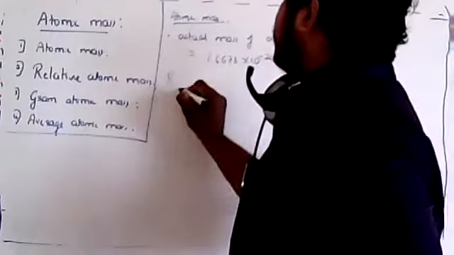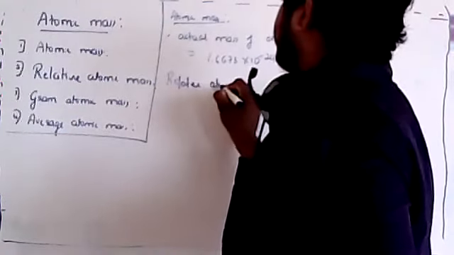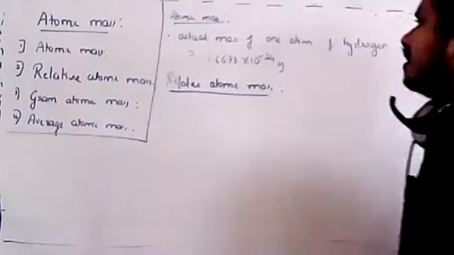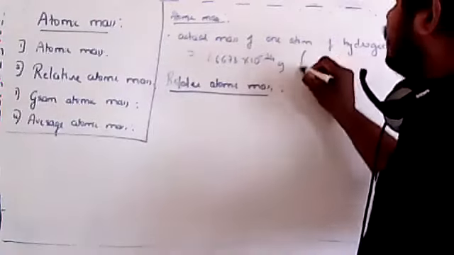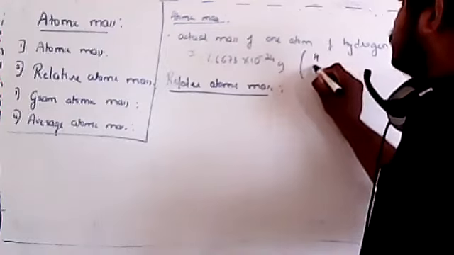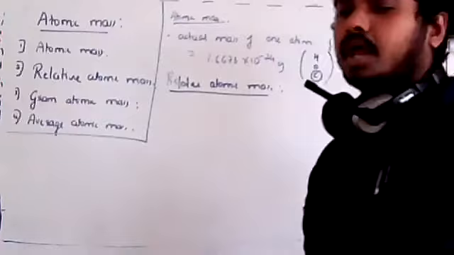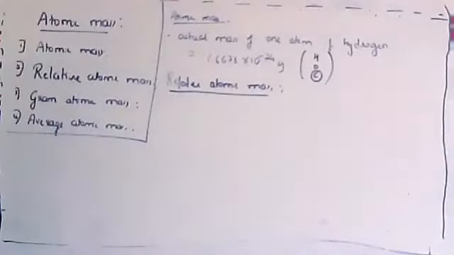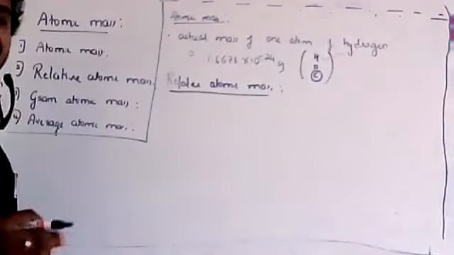So what do you mean by the relative atomic mass now? You can compare with the hydrogen mass only. Actually, they started by comparing with the hydrogen mass, then with the oxygen mass, then it was finalized that we compare with the carbon mass, which is found in many compounds and is somewhat stable. At the beginning we compared with hydrogen because it is the one with the least mass.